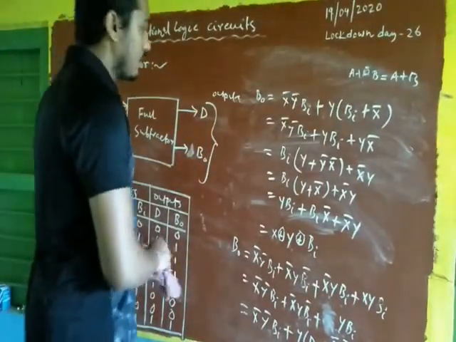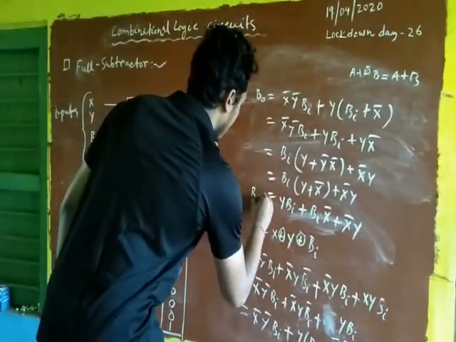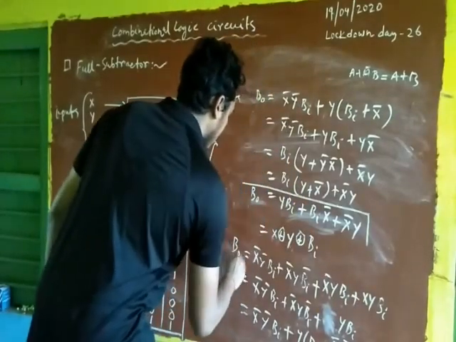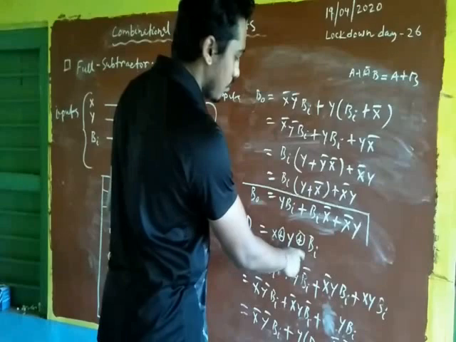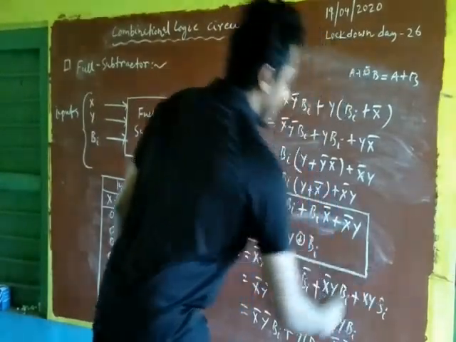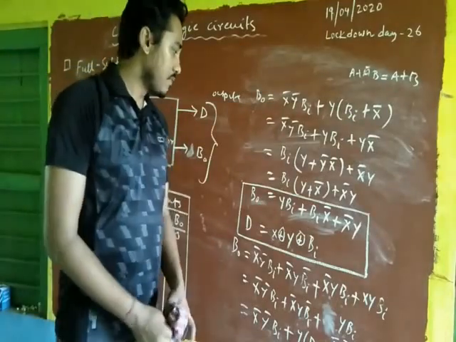Okay, so this is the final expression for the B out, borrow out, and here we got the difference output x XOR y XOR bi. So these are the two final expressions for the full subtractor.